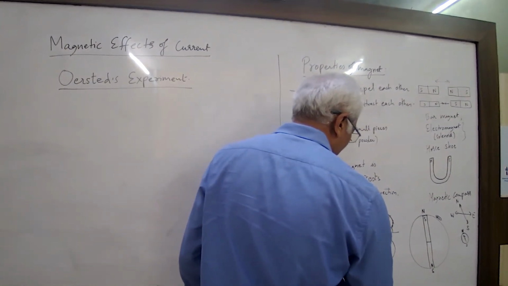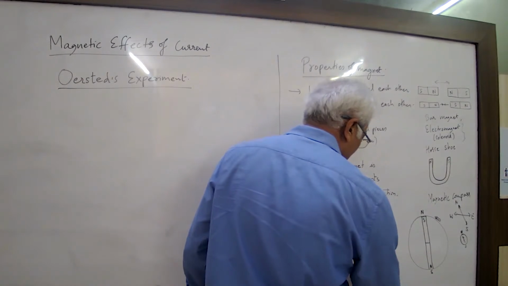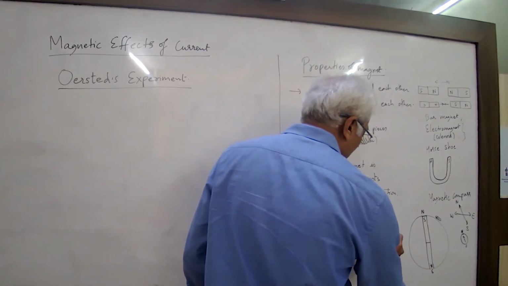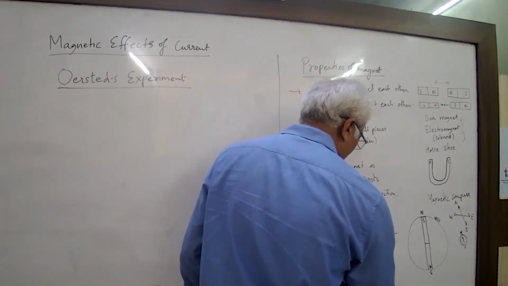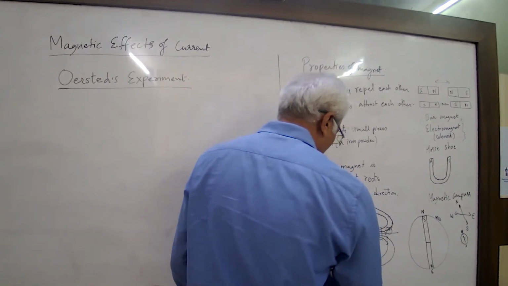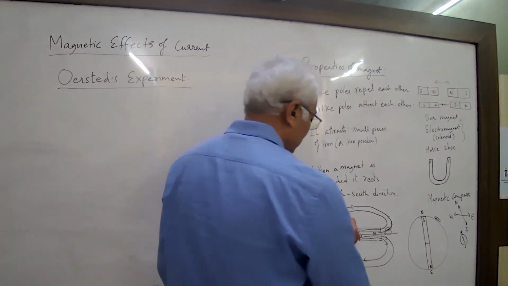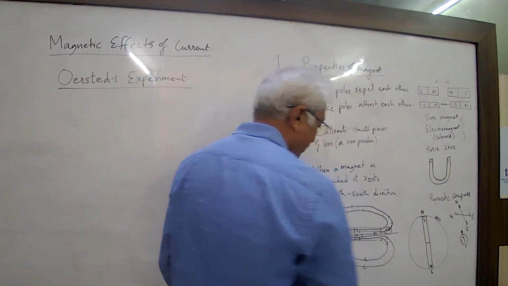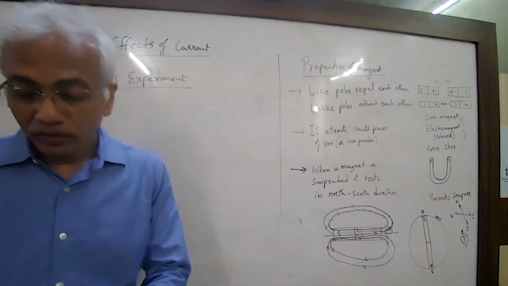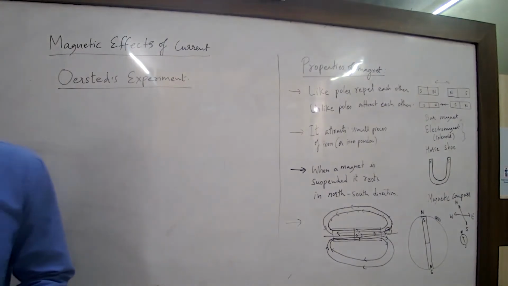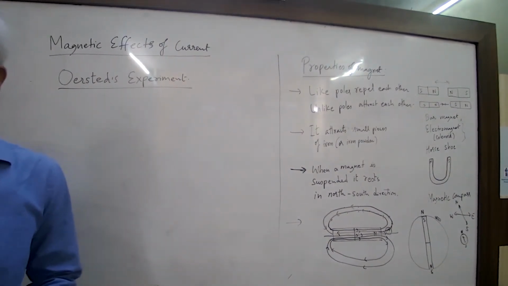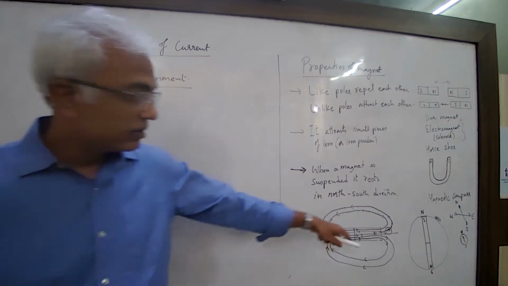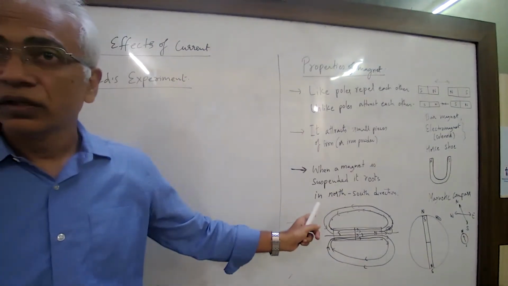So are you getting what I'm trying to say? What do you mean by direction of field? At every point the direction is changing. The magnetic compass will always follow the magnetic field line of the magnet. So magnetic field lines form closed loops.